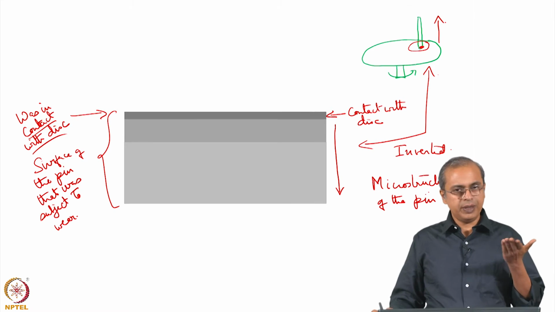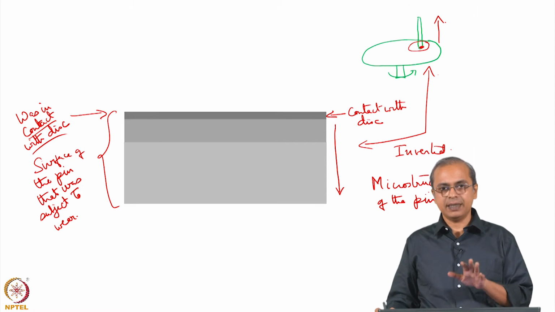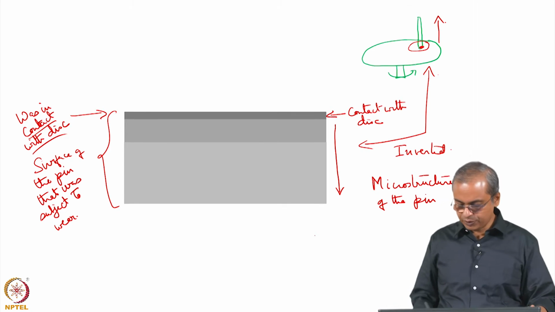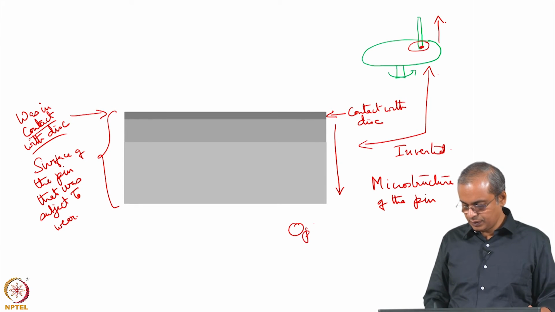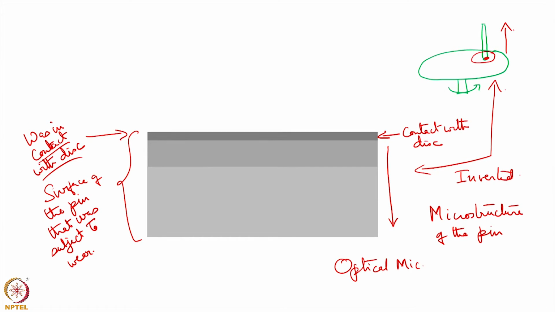Usually you can use an optical microscope, it also depends on what magnification and resolution you are looking at. You can also use a scanning electron microscope. So, you can use either an optical or an SEM, which is basically your scanning electron microscope.